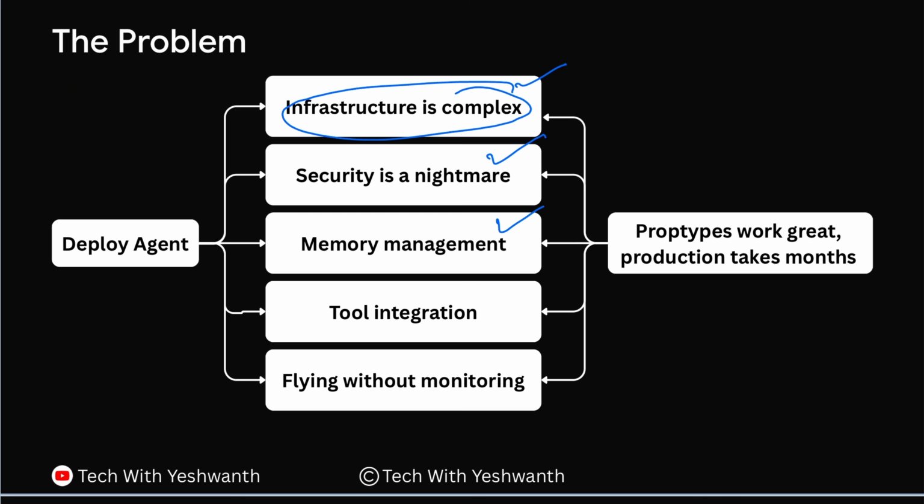And you also need to manage the memory because if you come back after a week or two, it should remember who this exact person is that it's interacting with. If not, it is a waste of time. And integration with other tools is also a problem. So you need to integrate tools, and memory, and monitoring for errors. That is also a tough game, which is why prototypes work great on your laptop, but getting them into production takes months of effort.